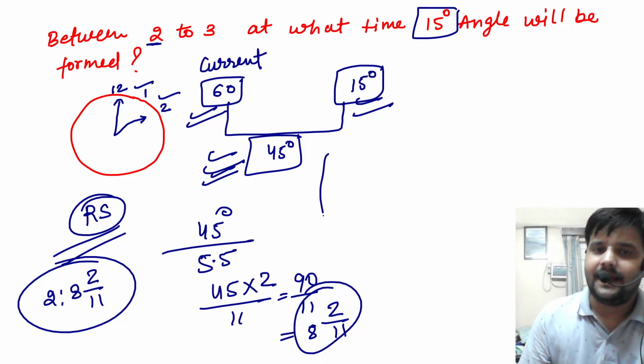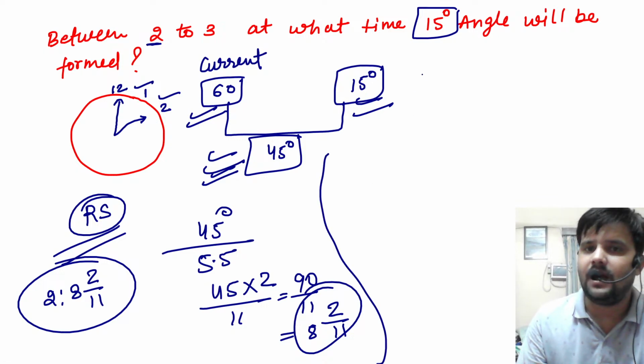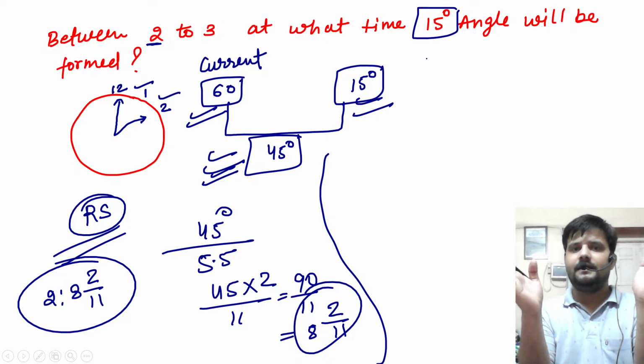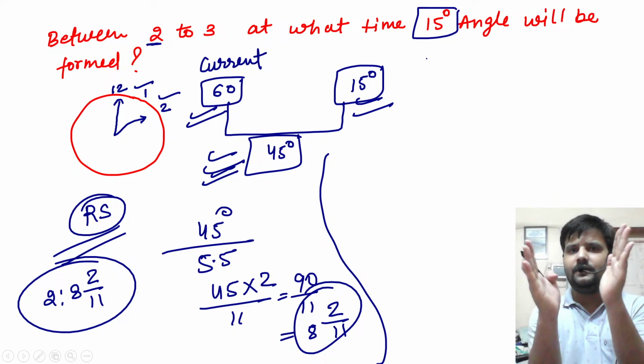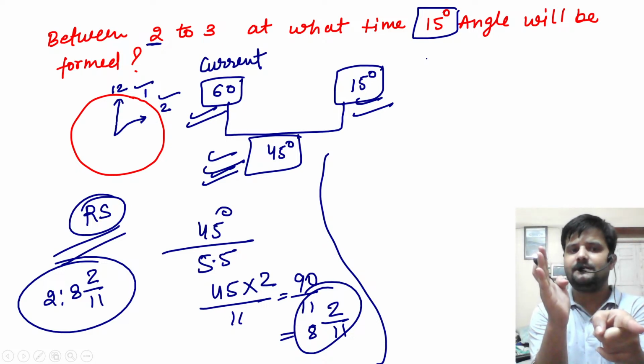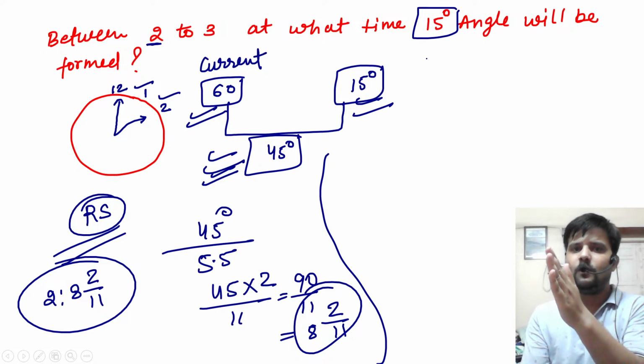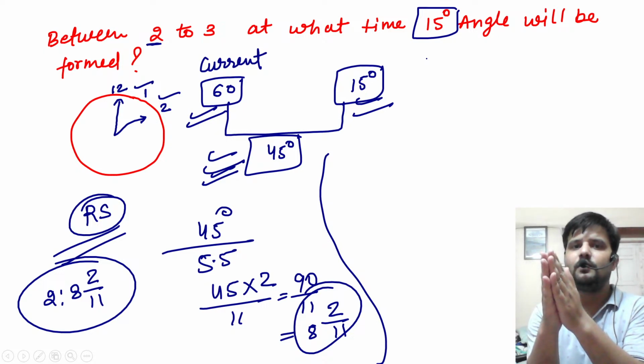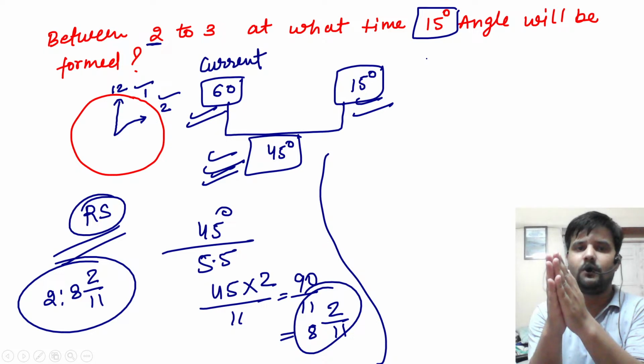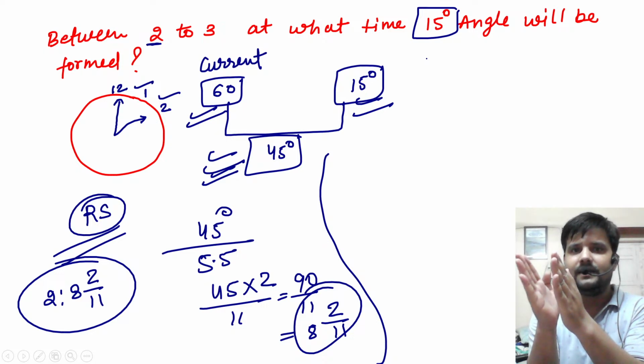Now how would we calculate the second time? From 60 going towards 0, this 15 degree has been formed at 8 2 by 11. Now it will again form when the angle between the minute and hour hand becomes 0 once, and after that the minute hand will start increasing the angle from 0 to 15.